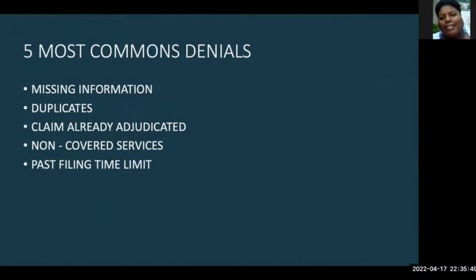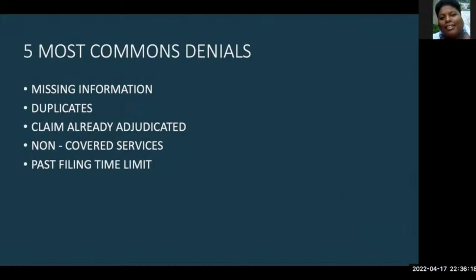And sometimes it could just be bundled services, and that's how the particular insurance denies bundled services, by saying that the claim has already been adjudicated. Nine times out of 10, if you want to make sure that you're posting and writing off your denials correctly, you would need to call to make sure that's why it denied for that reason.